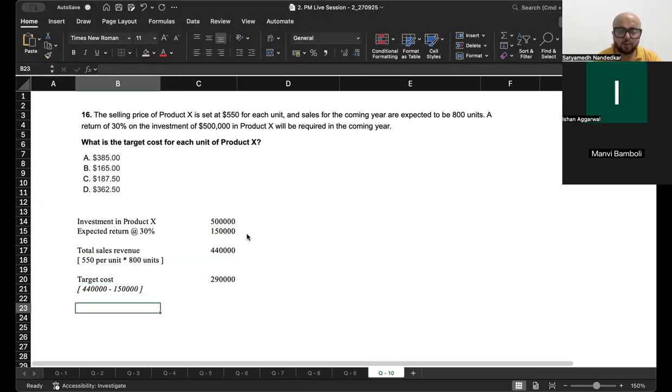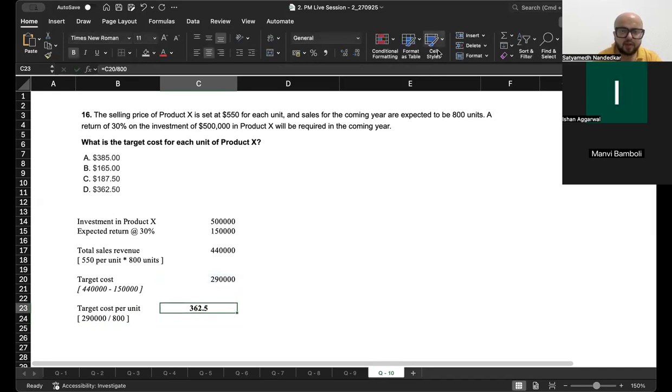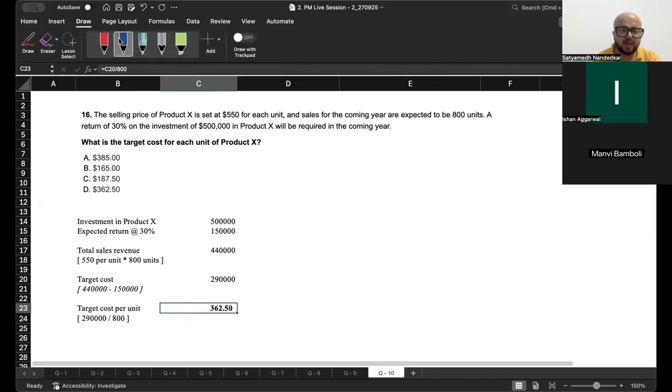How many units are you producing? You are producing 800 units. So target cost per unit will not this be 2,90,000 upon 800? 362.5. 362.5 is the target cost. Why is this question different?